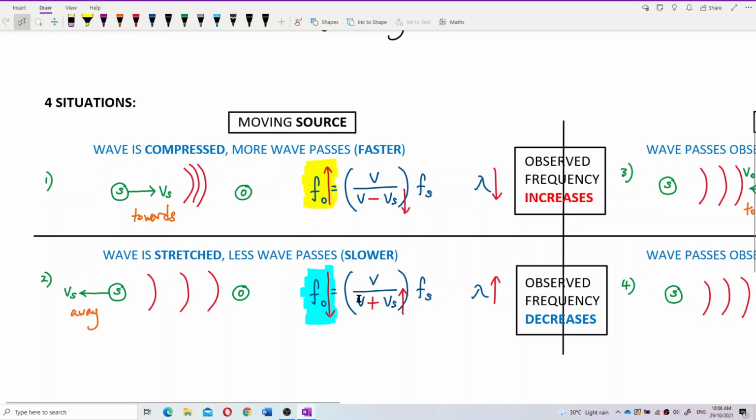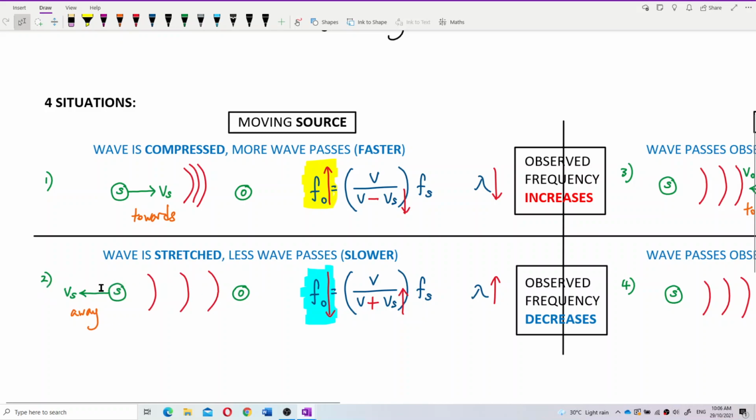So how to make the value below here bigger? We need to put plus Vs, positive Vs. When we plus Vs, the value below increases, so the observed frequency decreases. So we put positive Vs when the source is moving away from the observer.